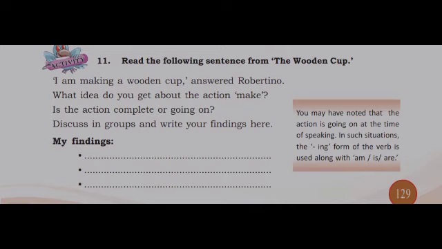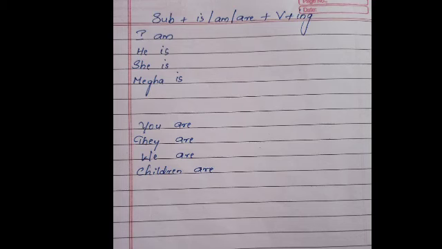The action is going on at the time of speaking. And the format of present continuous tense is subject plus is or am or are plus verb plus ing.